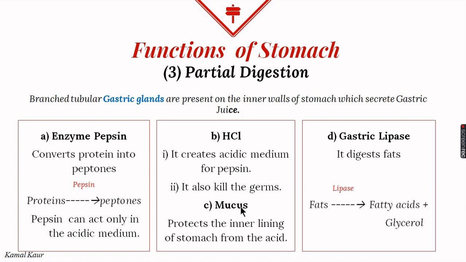So mucus covers the inner lining of the stomach so that it cannot be affected by the harmful effect of hydrochloric acid. Now there is one more enzyme in the gastric juice which is gastric lipase. It digests the fats and the lipids which are present in the food. So fats and lipids are digested and converted into fatty acids and glycerol in the presence of enzyme lipase.